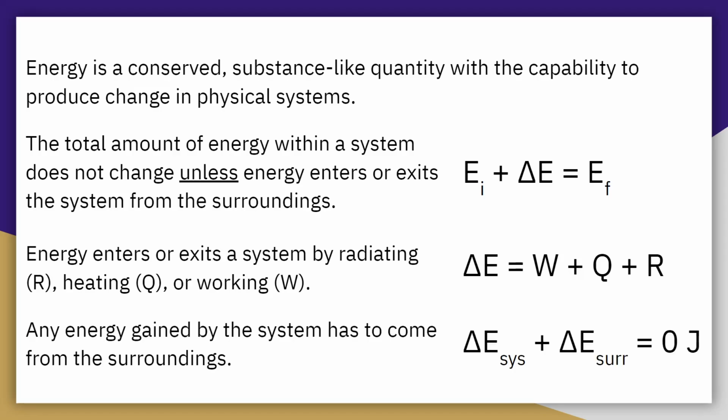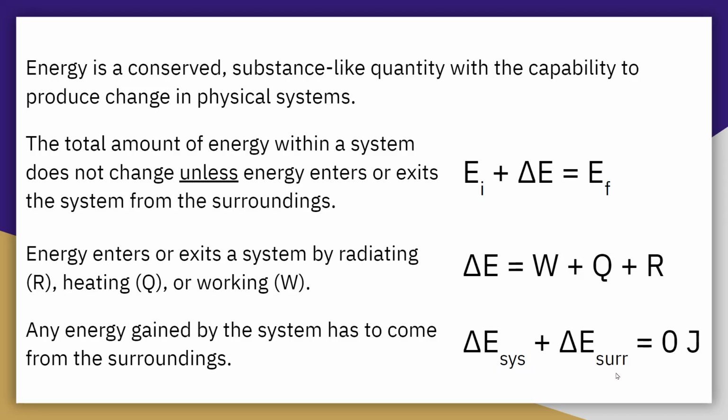Any energy that is gained by the system has to come from the surroundings. We can represent that with this equation. Any change in energy of our system plus any change in energy of our surroundings is equal to 0 joules. So if we have a positive change in energy of our system, that would correspond with a negative change in energy of the surroundings.